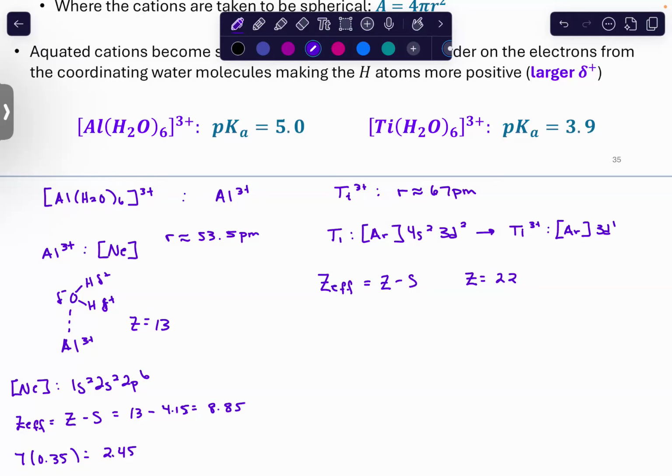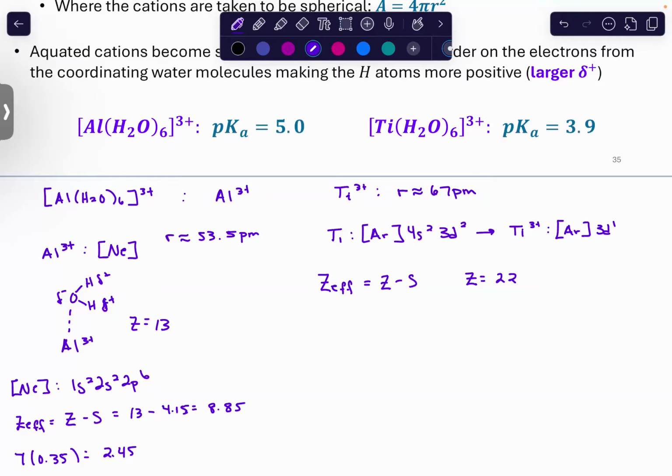There is no 3F, so that's automatically out, but there are no more electrons in the 3D shell, so there's no shielding from that at the n equals 3 level. The 3D and 3F levels are going to be slightly higher in energy than your 3S, 3P.